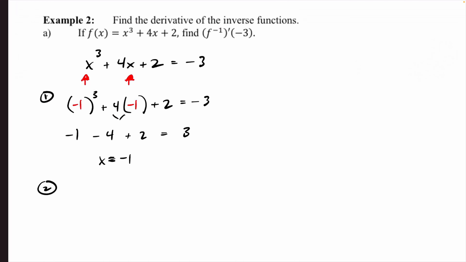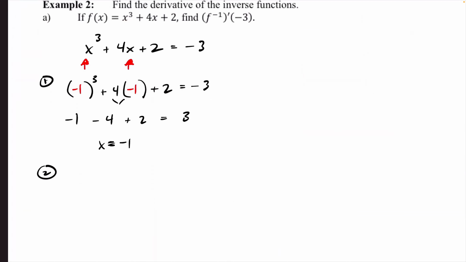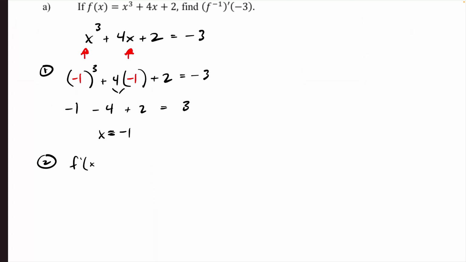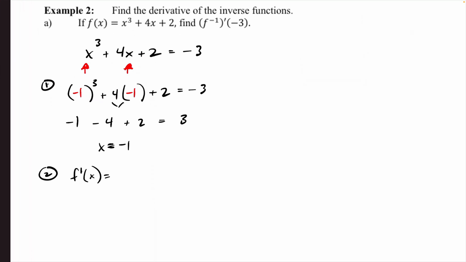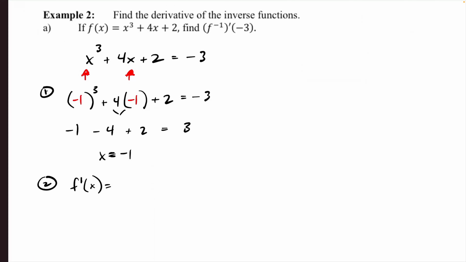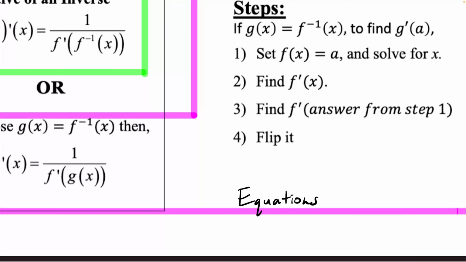Okay, so let's go to step 2 now. Step 2 said, find f prime of x, its derivative. So what would the derivative of f be? 3x squared plus 4. There you go. That's step 2. Step 3: find f prime of whatever answer you got in step 1.